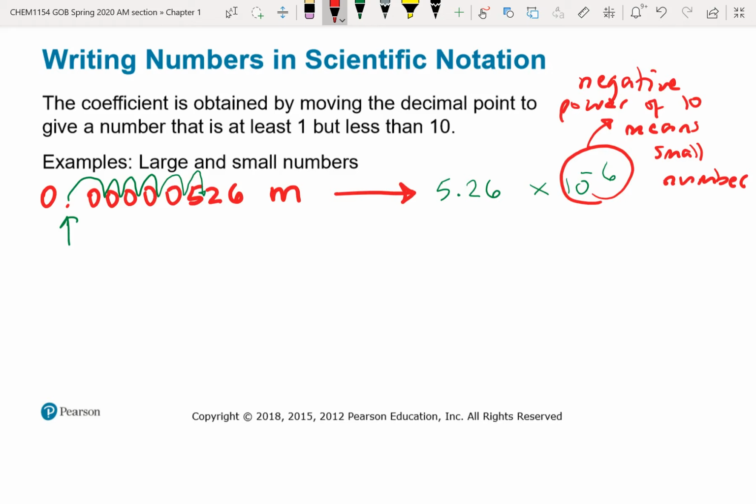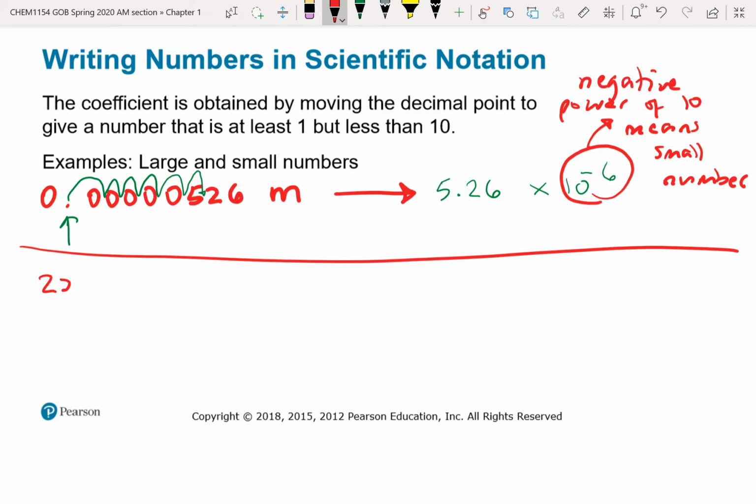On the other end of the spectrum, if I have a really big number, so for instance, if I have 256 million meters, and I want to convert this to scientific notation. All right, we said the first thing you want to do is to identify where the decimal point is.